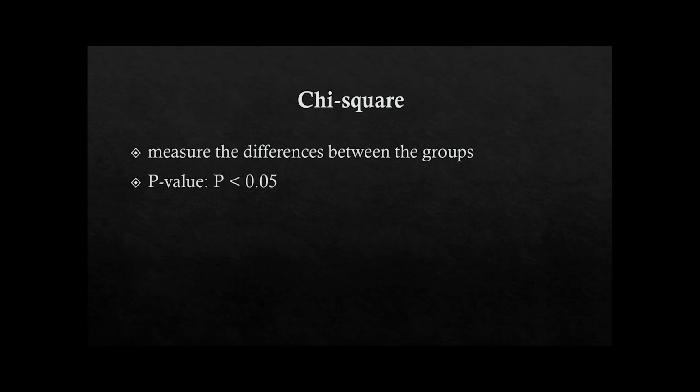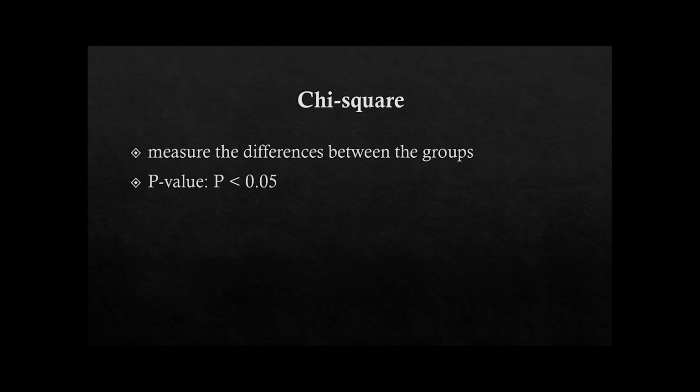Okay, let's talk about the chi-square right now then. Chi-square is to measure the differences between the groups. So for example, male and female, do they have really significant differences between these two groups? So in order to confirm there's a difference is to see the p-value.